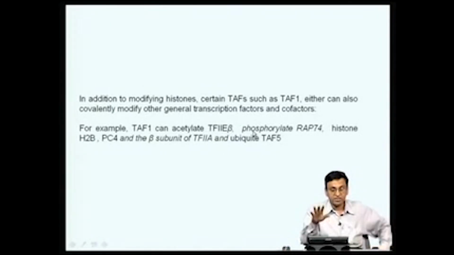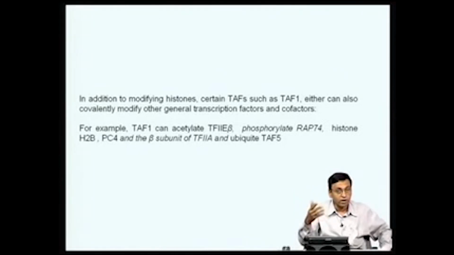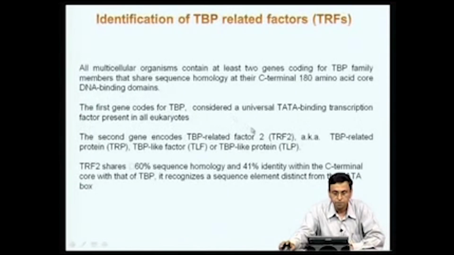So what these examples tell you is that many of the TAFs, the TBP associated proteins, not all but many of them, are enzymes capable of covalent modification of a number of other proteins. These modifications can be acetylation, phosphorylation, ubiquitination and so on, and all of these have a very important role in gene regulation.